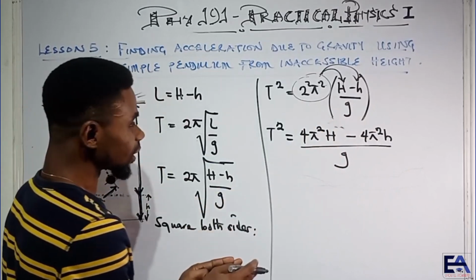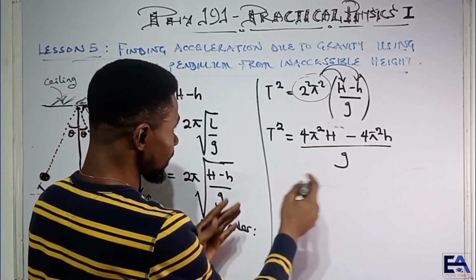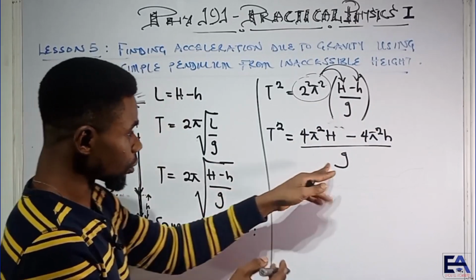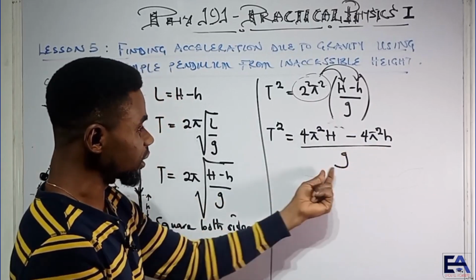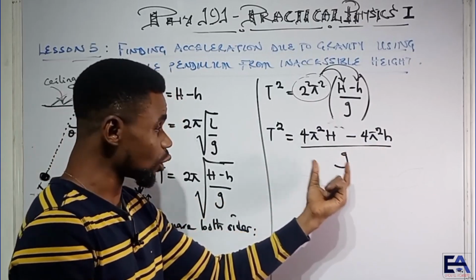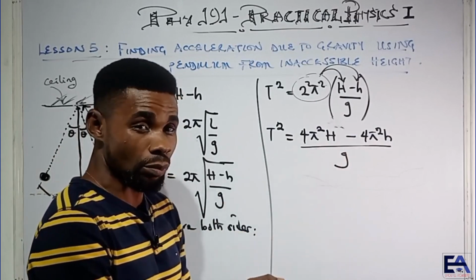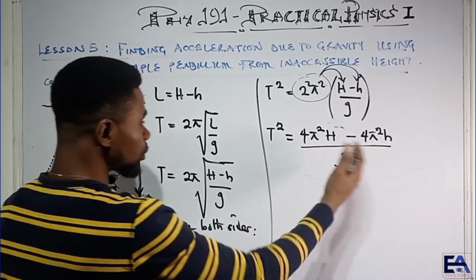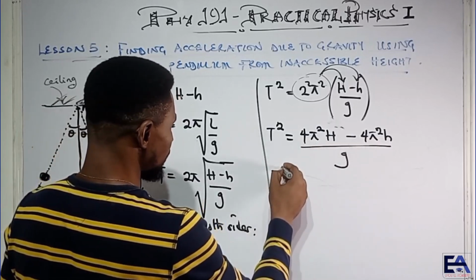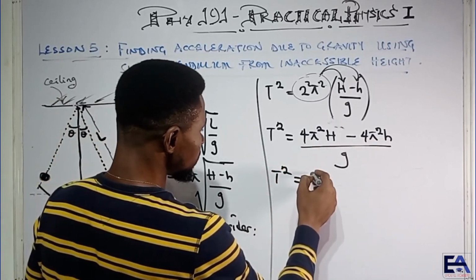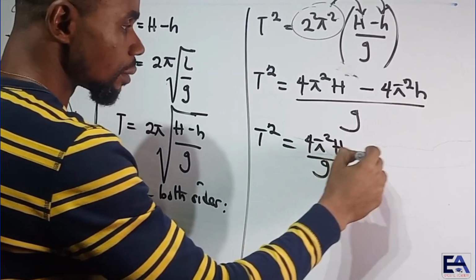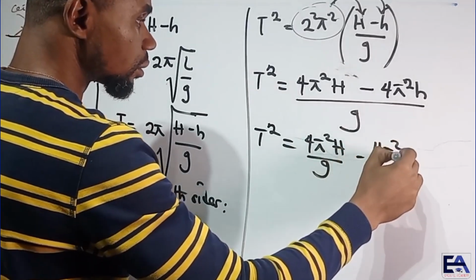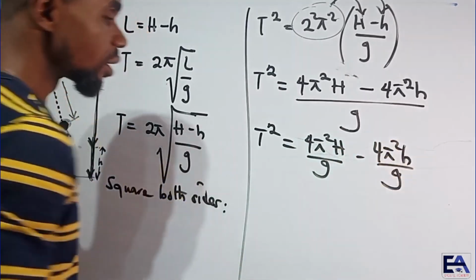So as we have it that way, well, mathematics permits us to share this denominator across these two terms, because this is just like a lowest common multiple, like a common denominator. So we could share it across. So we have T squared is equal to 4 pi squared big H over g minus 4 pi squared small h over g, okay?